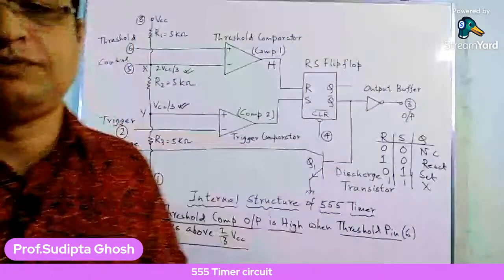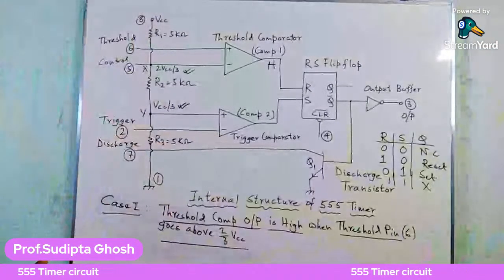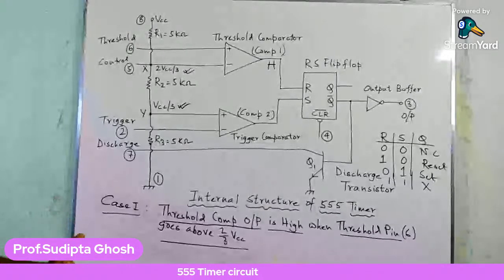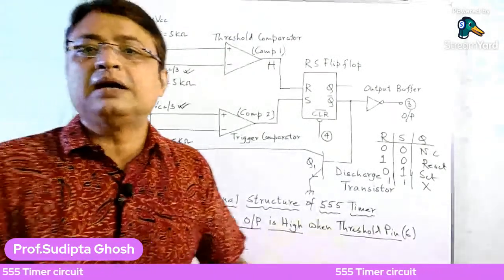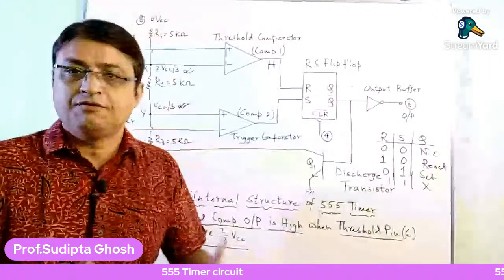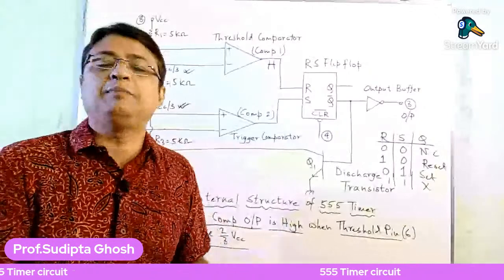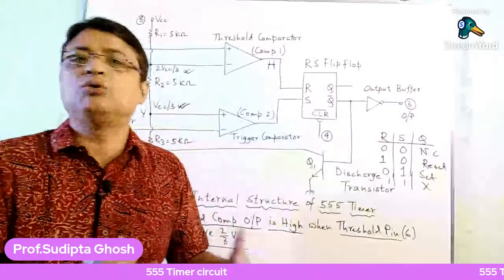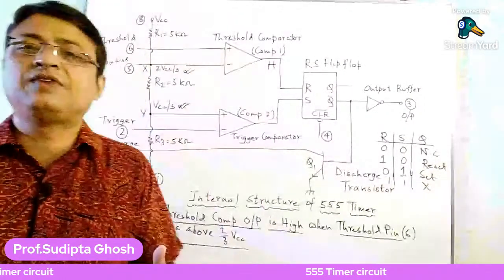Okay, Pranav, I got it. What is the value of the VCC here? Now, for a 555 timer, the VCC value is actually 5 volts. So 2/3 of VCC means 5 into 2 divided by 3, that is around 3.33, or we can consider it as 3.4.